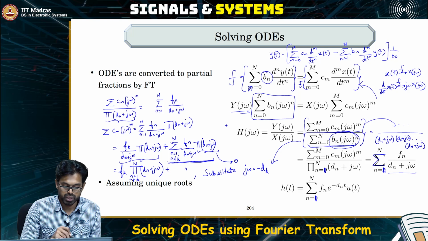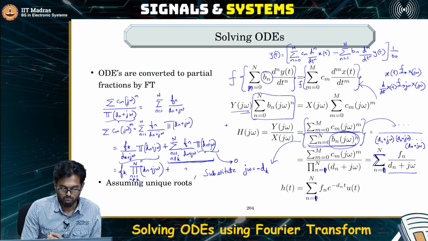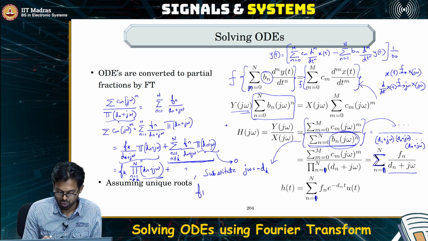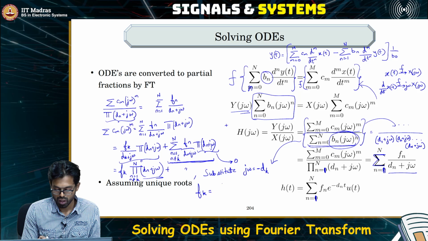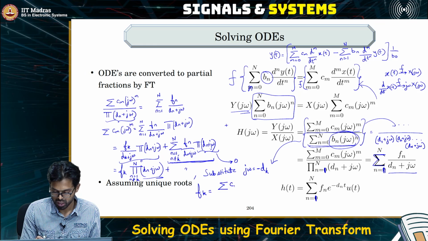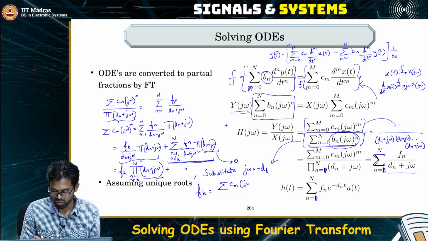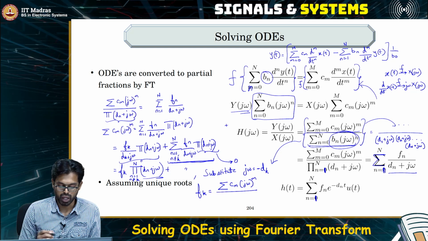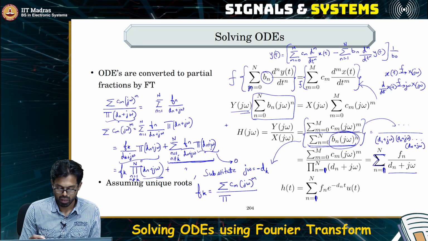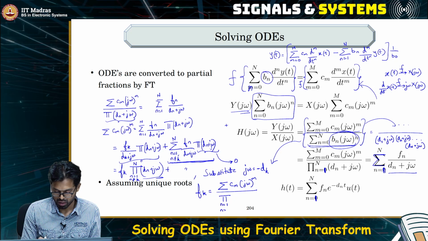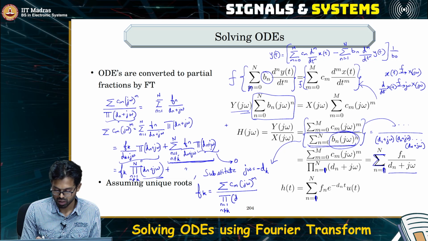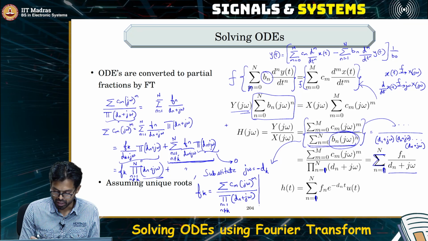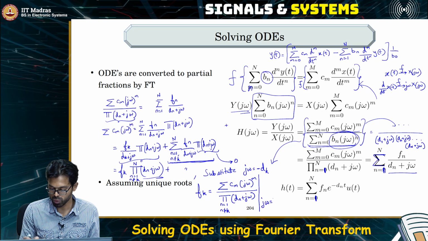All we are left with is whatever we have here and this term. So now Fk can be evaluated as Cm times j omega raised to the power m, divided by the product over n not equal to k of dn plus j omega, the whole thing evaluated at j omega equals minus dk.